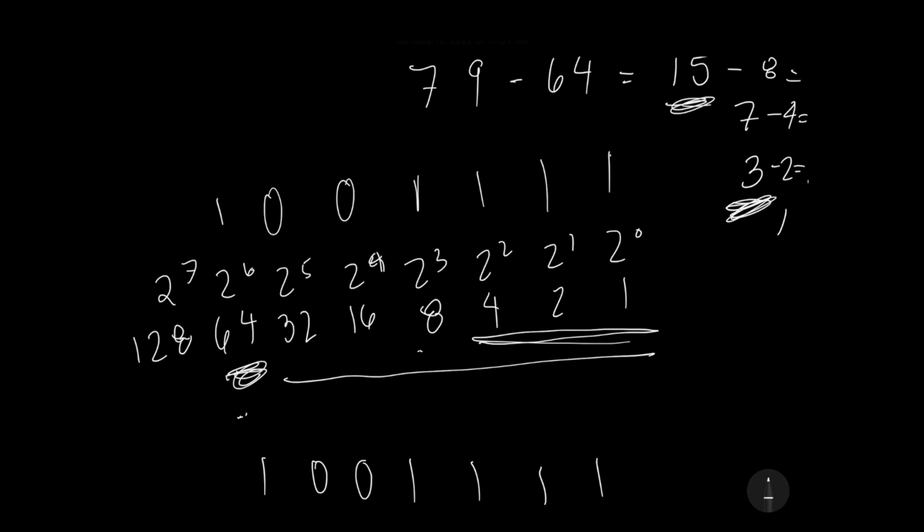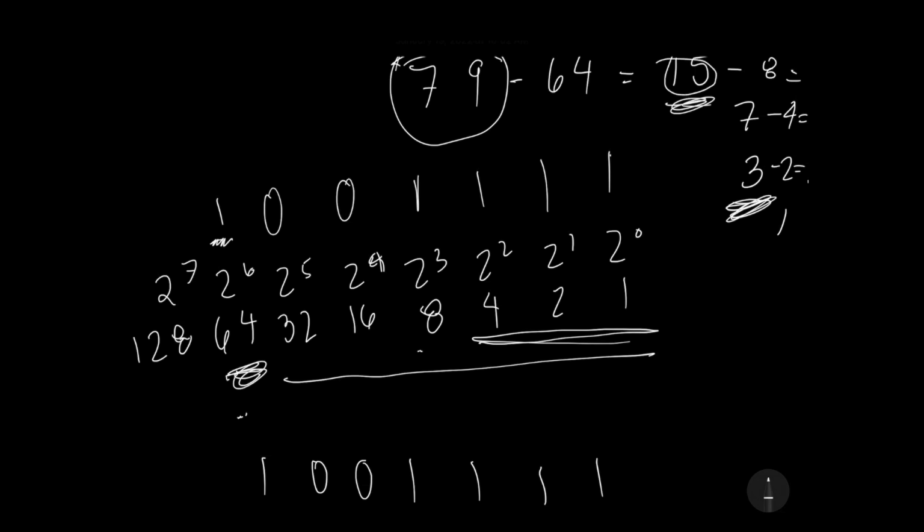So that was a bit more of a complicated example. Basically what we're doing is we're starting with the biggest number. We started with the biggest number that could fit into 79. And then once we found that number, which was 64, we subtracted it from 79. And then we focused on the next number.